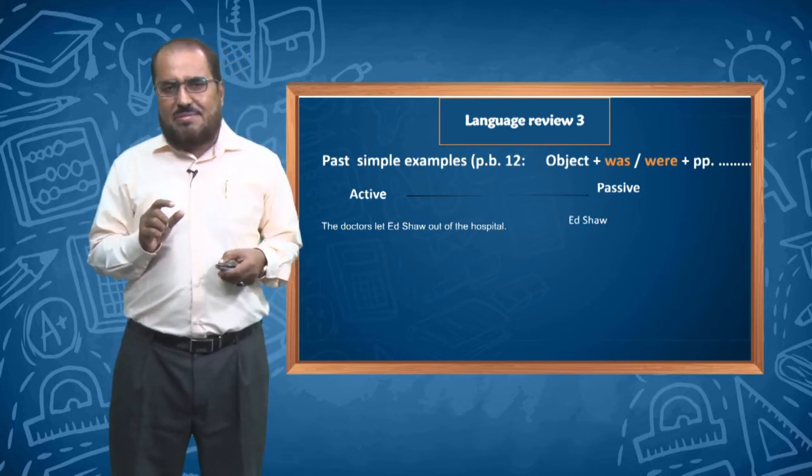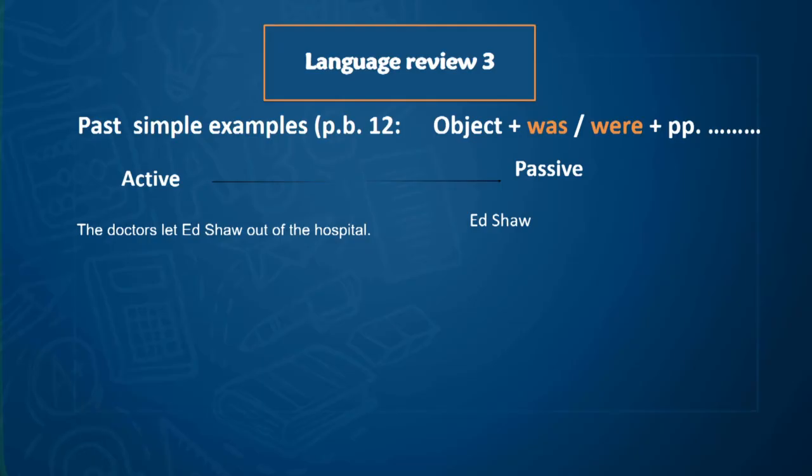What's the object? Edie show. Then what comes after according to the structure? Yes, verb to be. Edie show is singular and it is past simple, so it should be was. Edie show was. Now, the past participle of the main verb let is let. Was let, then the complement of the sentence, out of the hospital. Edie show was let out of the hospital.